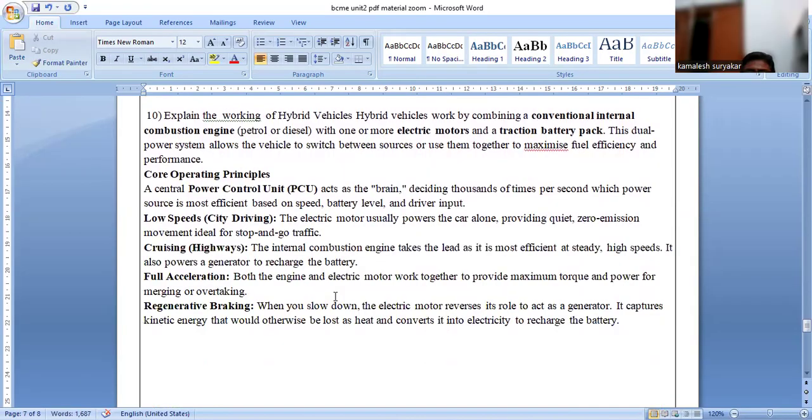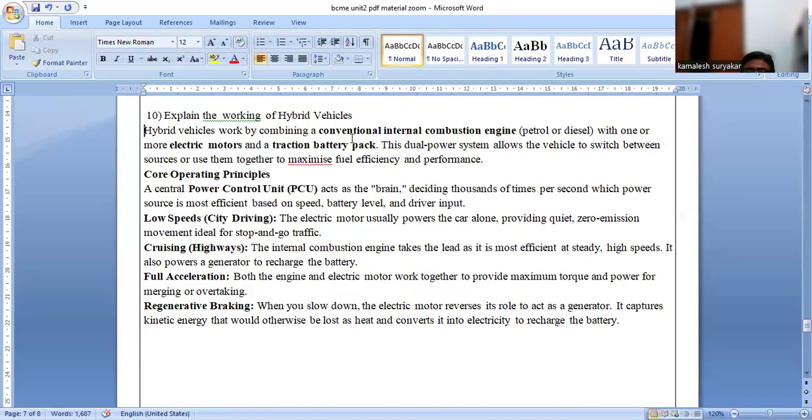So the 10th question, I am taking the last question: the working of hybrid vehicles. Hybrid vehicles work by combining a conventional internal combustion engine, petrol or diesel, with one or more electric motors.